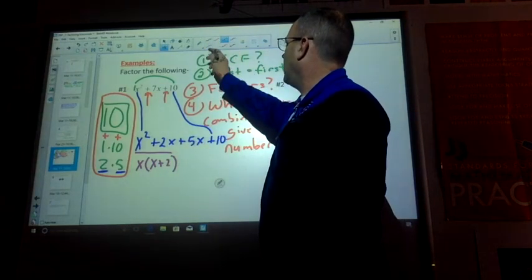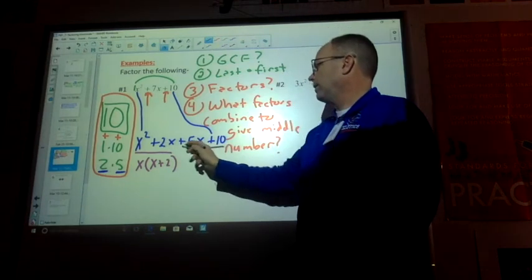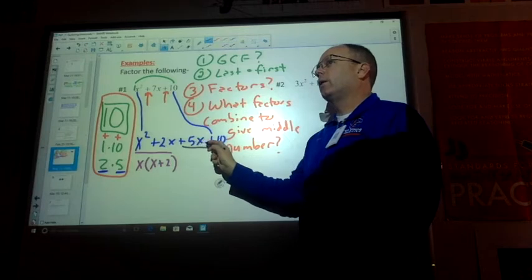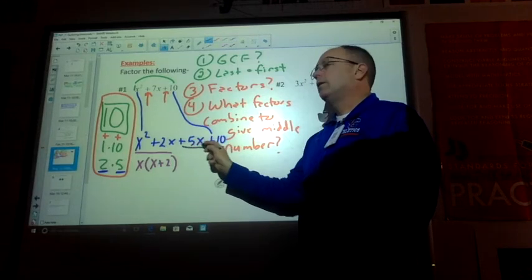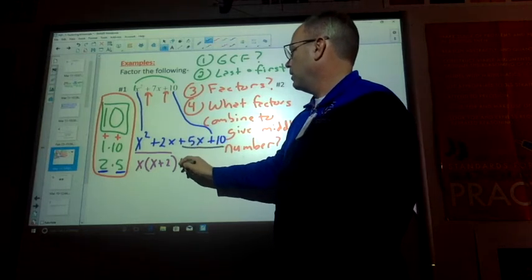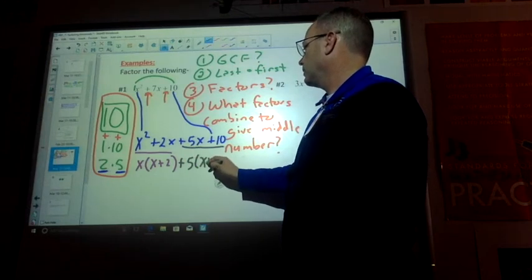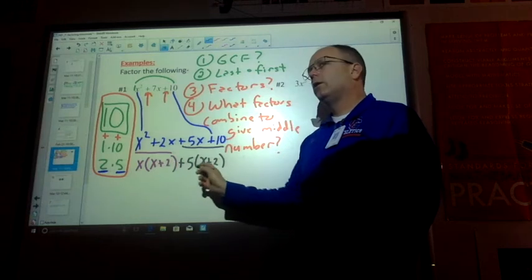Then what do I have here? What do I have in common? What goes into both? 2 doesn't go into 5. Oh. 1 goes into it. 5. Good. Remember that middle sign has to match here. Do we have the same binomial?